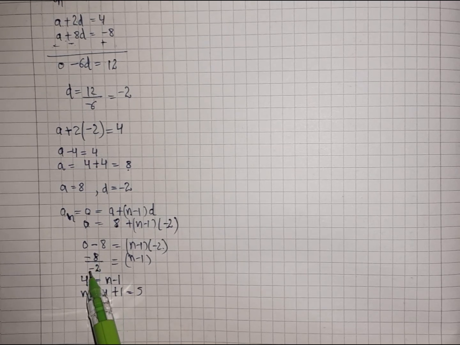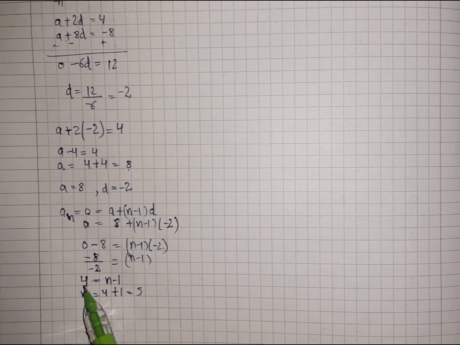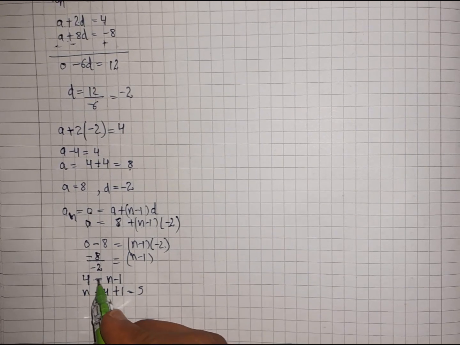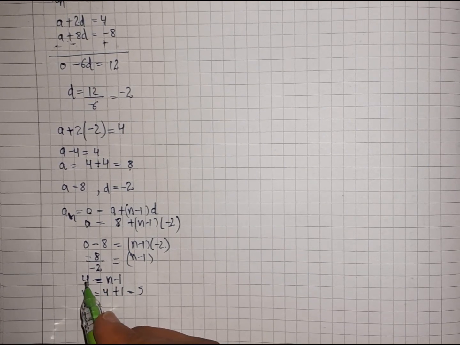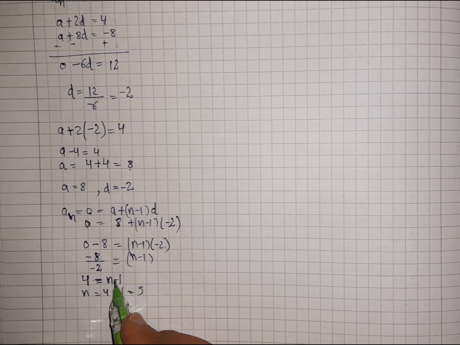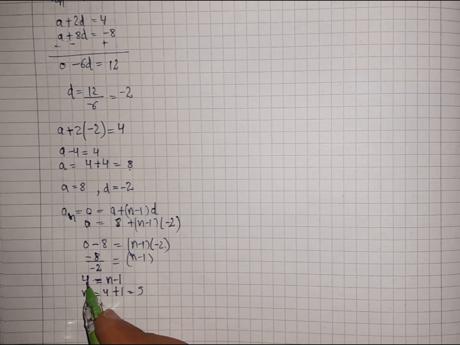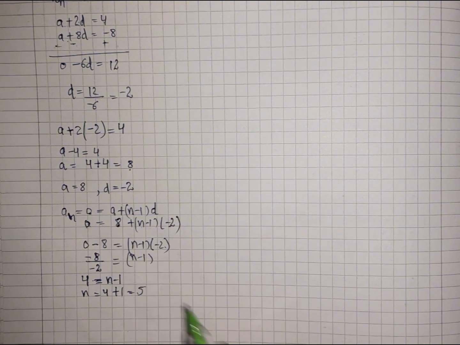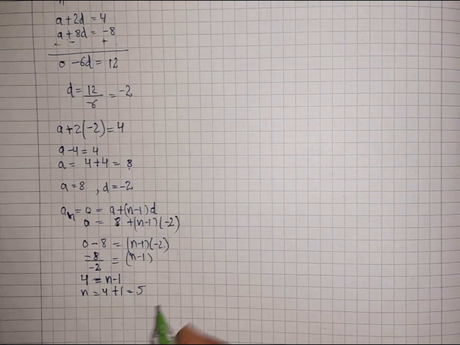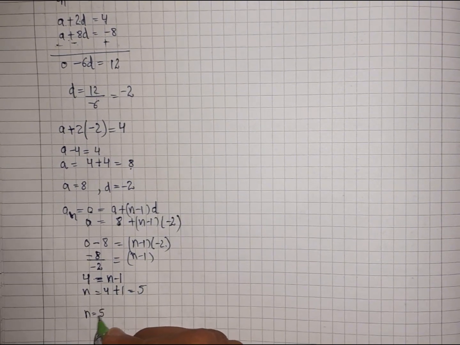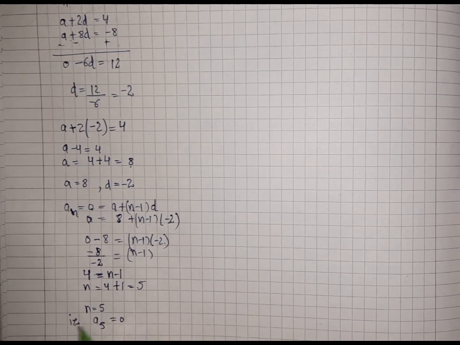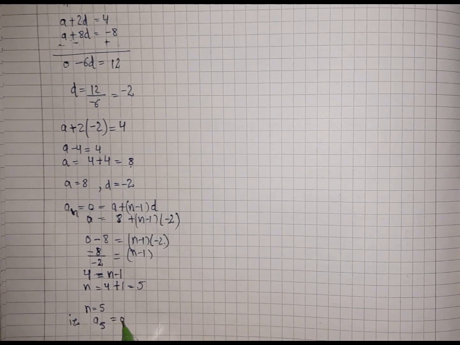Now minus minus cancel each other and 8 upon 2 = 4. So n minus 1 = 4, which implies that n = 4 + 1 = 5, which implies that the fifth term of the given AP equals 0. That is a5 = 0.